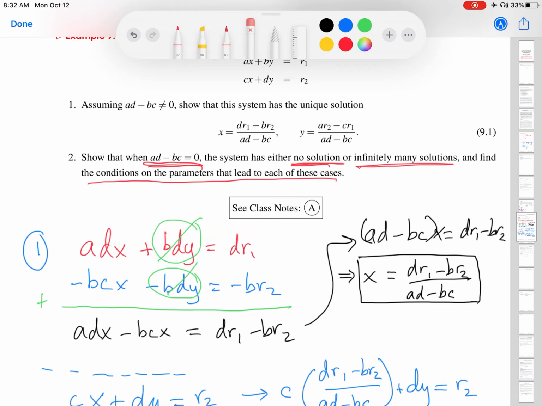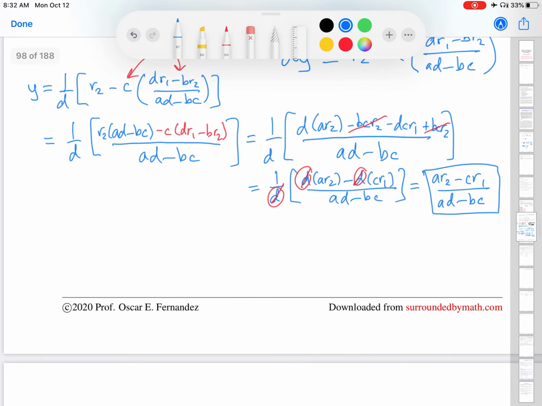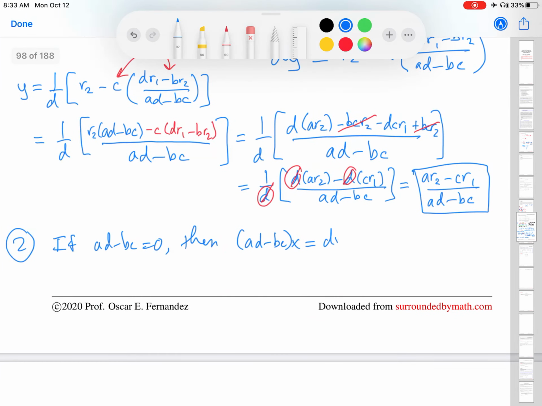Great. So we've done a little bit of that work already, right? So I'm going to scroll down a bit here to number 2. So if AD minus BC equals 0, then, as we just saw, AD minus BC times X equals dr1 minus br2.